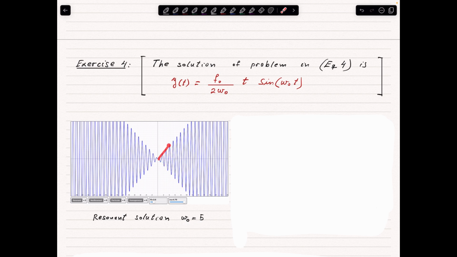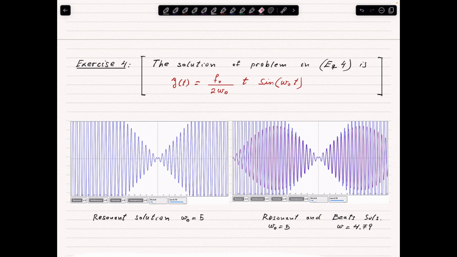But the amplitude diverges in time. And if you recall the beats solution when we were approaching the driving frequency to the natural frequency, and they overlap, this is what is happening. The beats solution starts to get closer and closer to this solution here.